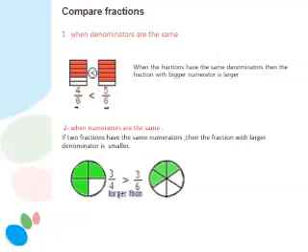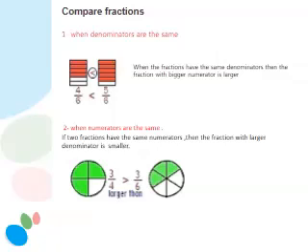And here we have 4 over 6 and 5 over 6. Where did I color more? Of course, I colored 5 over 6. So when the fractions have the same denominators, the greater the numerator, the greater the fraction. So 4 over 6 is less than 5 over 6 because the numerator of the second fraction is greater than the numerator of the first fraction. So that's when I have denominators the same.